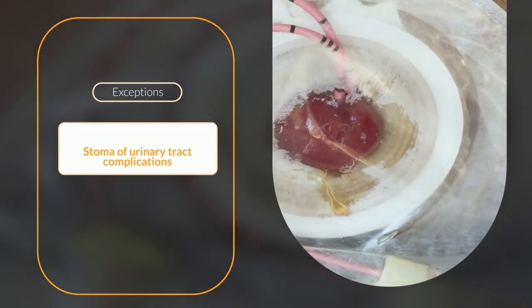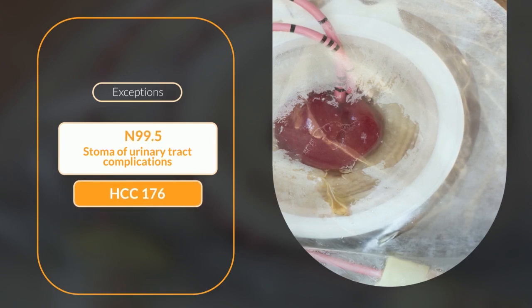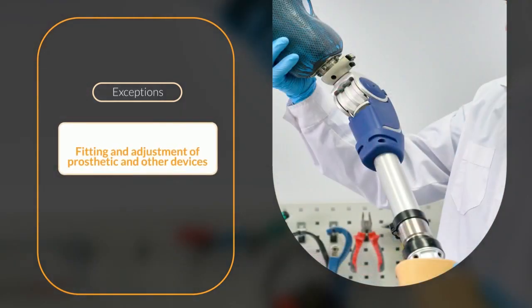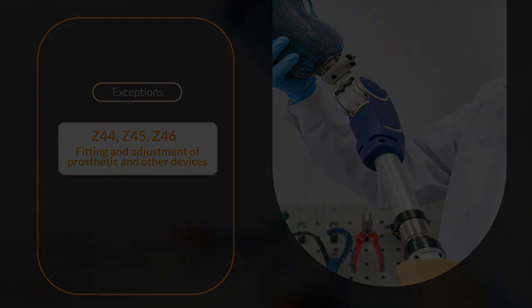For complications of stoma of urinary tract, the category used is N99.5, the HCC being 176. Lastly, for cases where external devices like prosthetics are used, the codes are chosen from categories C44, Z45 and Z46.